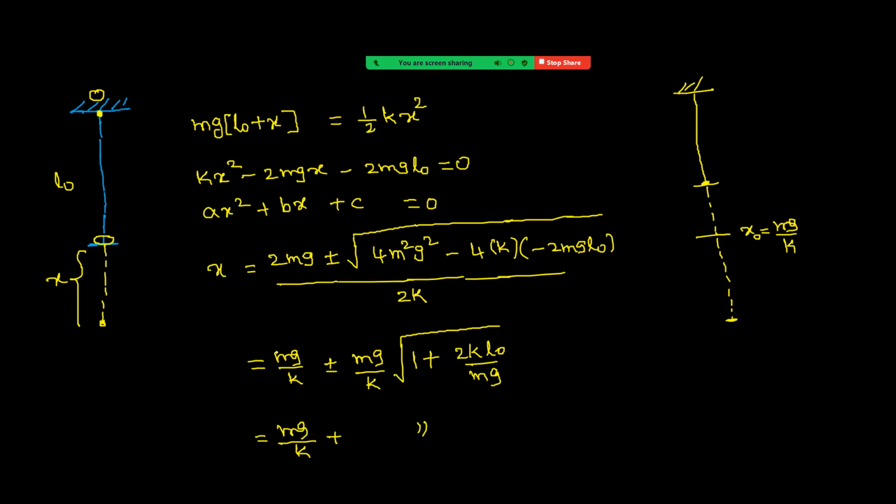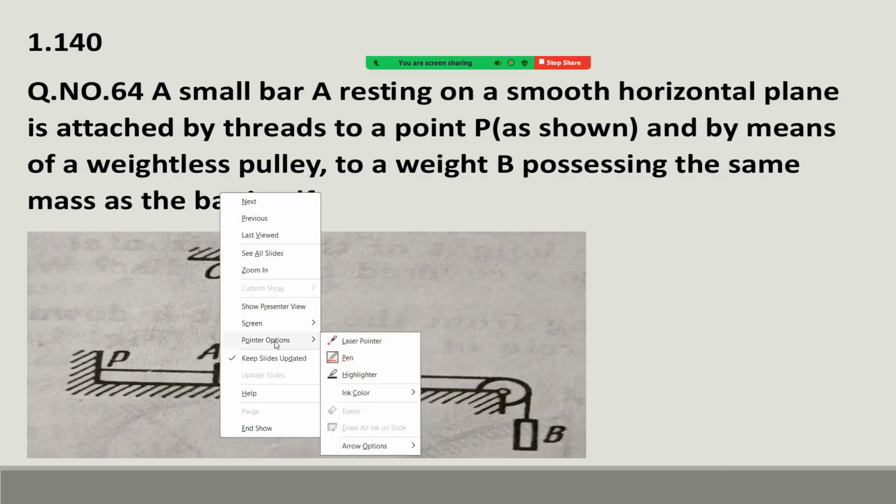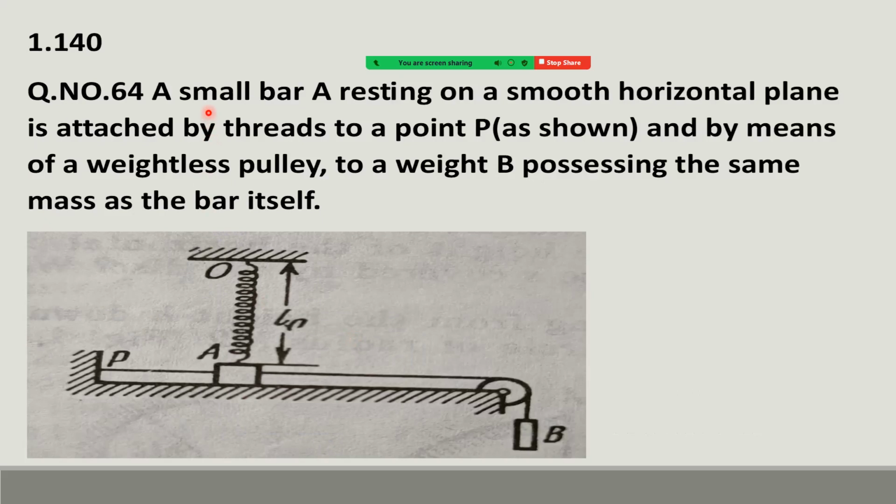Okay. Let us see the next one. See the question given. A small bar A is resting on a smooth horizontal plane, attached by threads to a point P as shown, and by means of a weightless pulley to a weight B possessing the same mass as the bar itself. So both have the same mass.